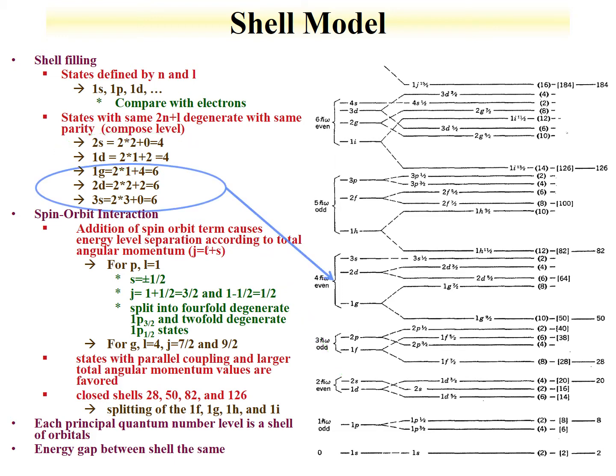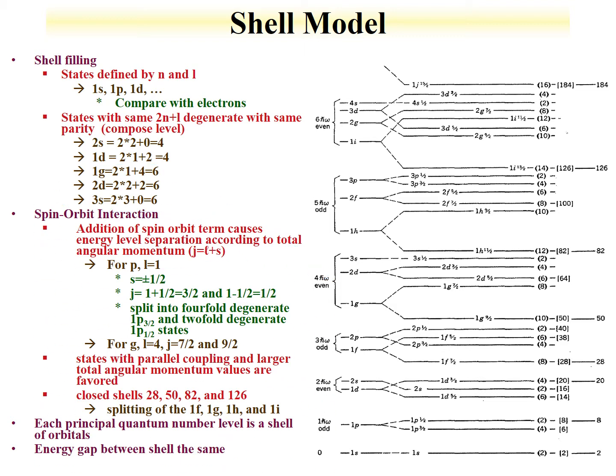We can see the same thing shown here, where we have the 1g, 2d, 3s, where all these equal 6, and those levels become degenerate.